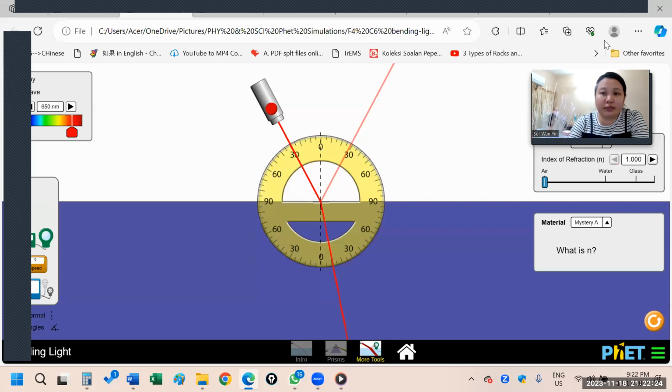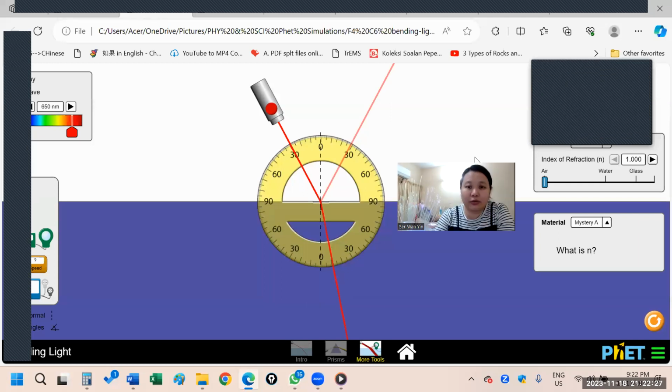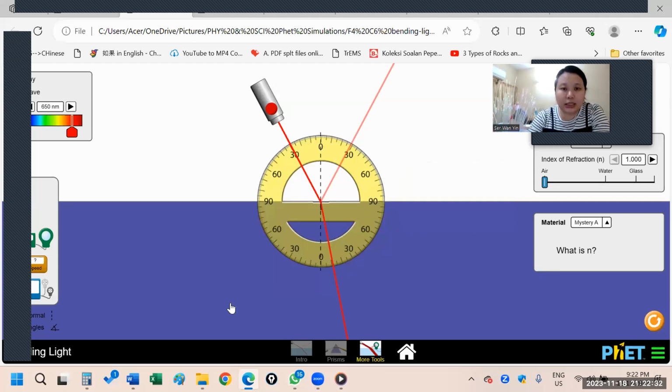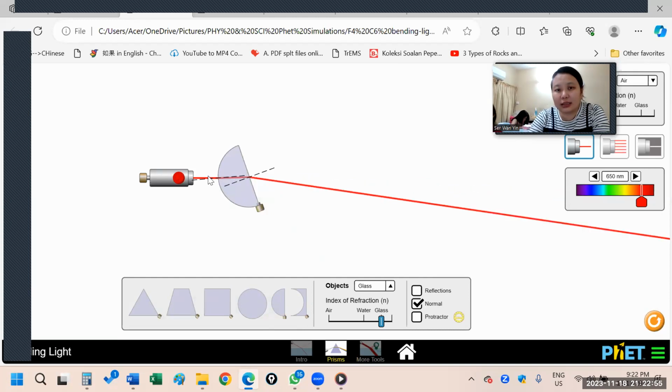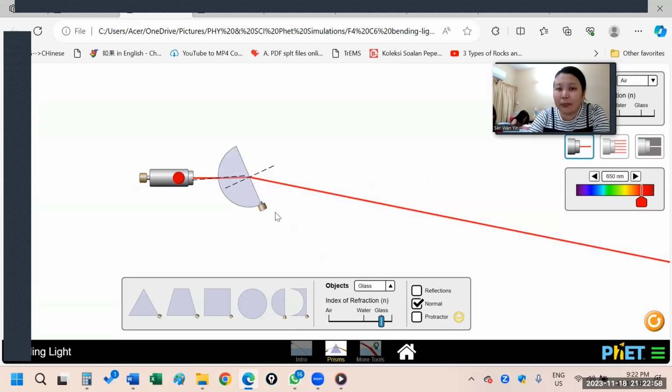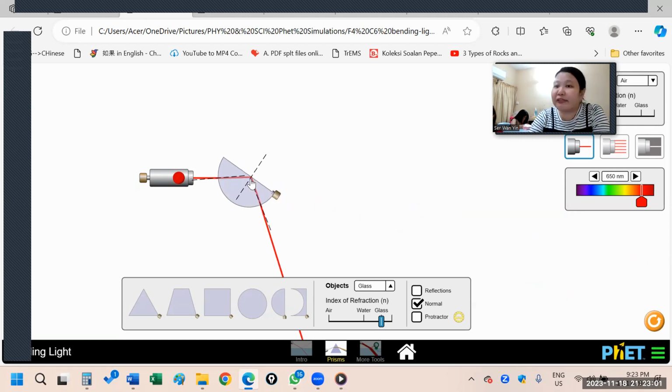Total internal reflection happens because of this. Can you see the light? The light is supposed to refract out, but at a certain angle it reflects back. It's supposed to go out, but now it goes back.